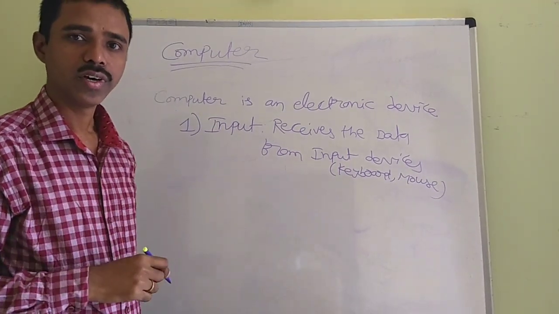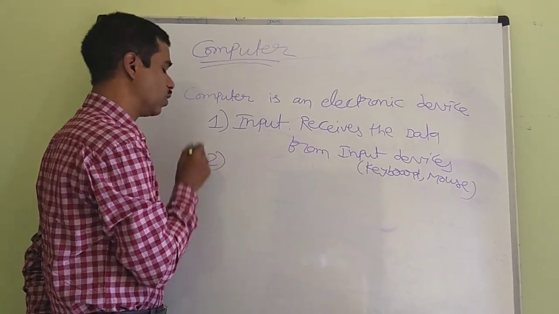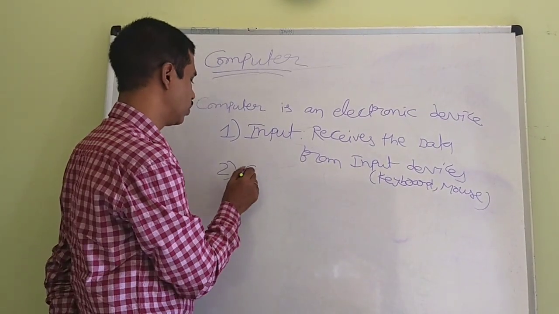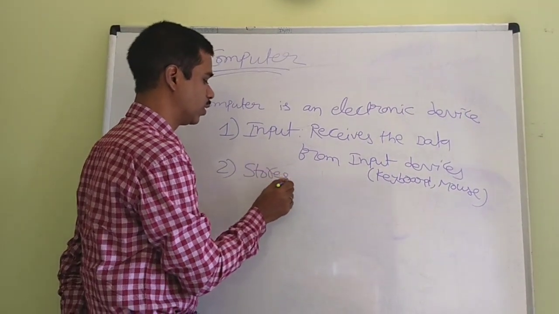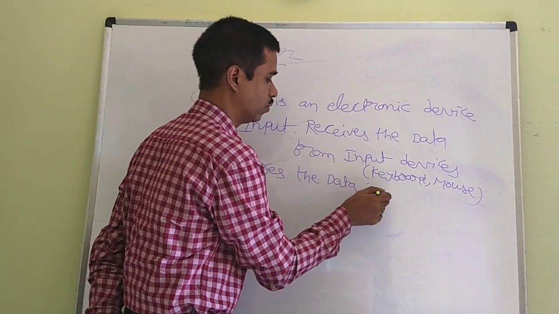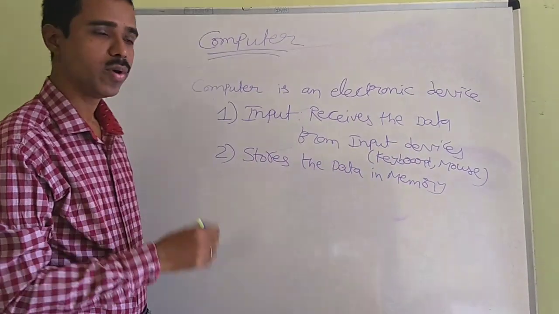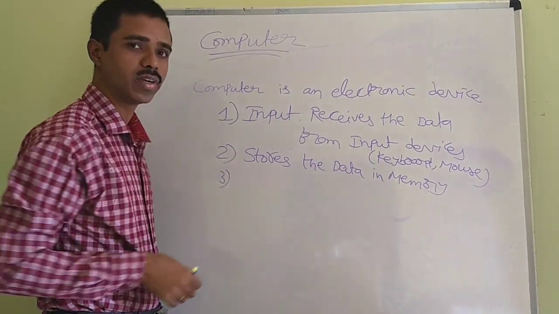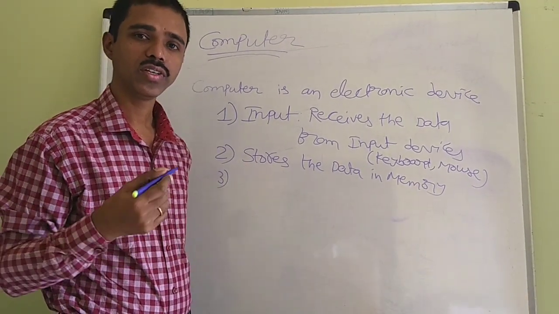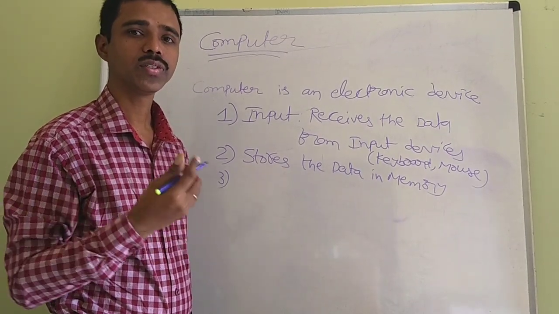After taking the input from the user, the computer will, if required, store the data in the memory. The third duty of the computer is to process the data if required. If any calculations are required in our data, the computer will do some calculations.